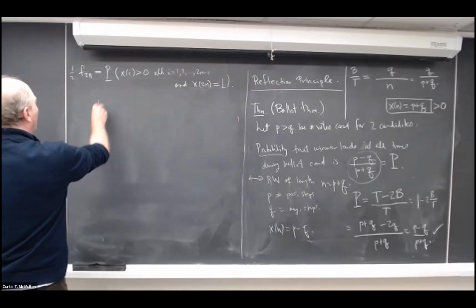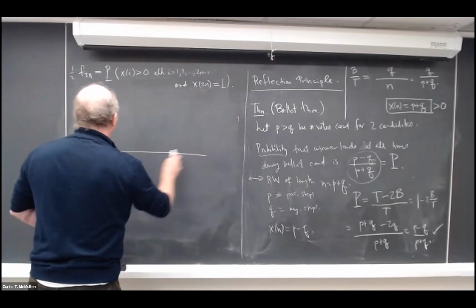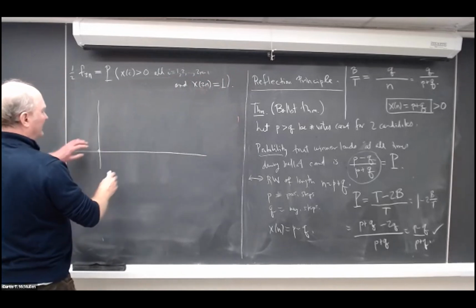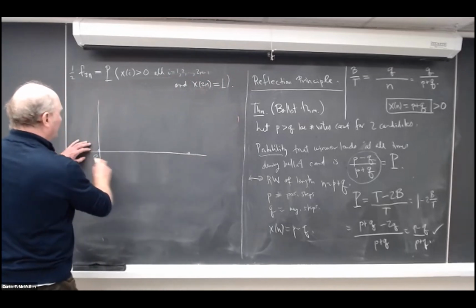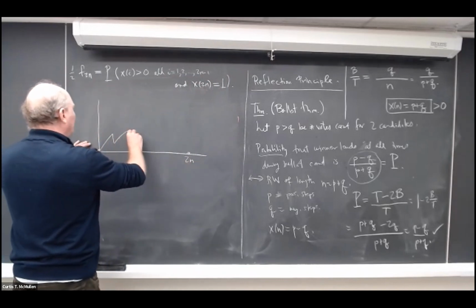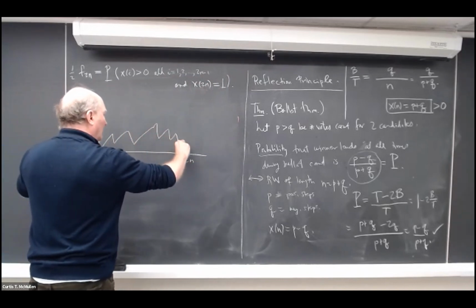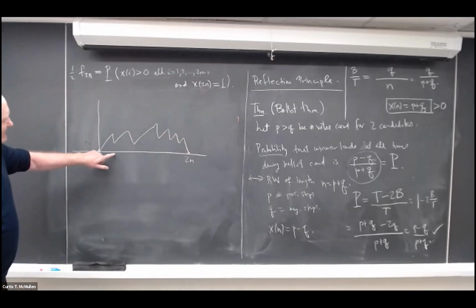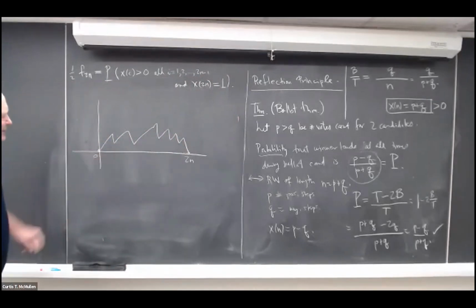So we want to know among all the paths that start at 0 and end at 0 at time 2n, what proportion of them never touch the x-axis.